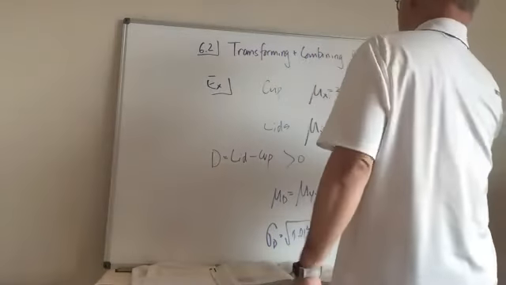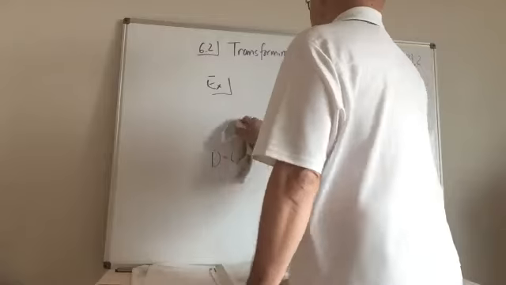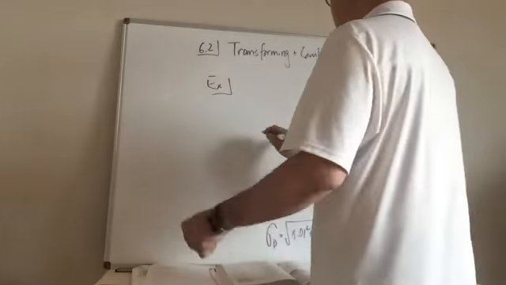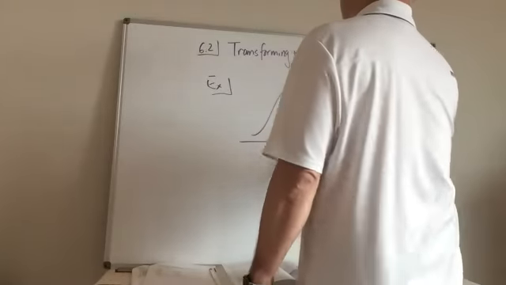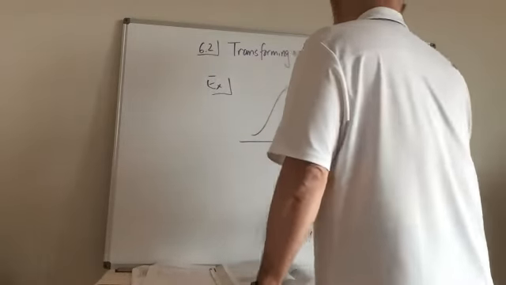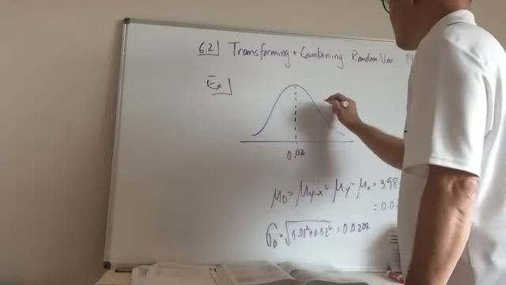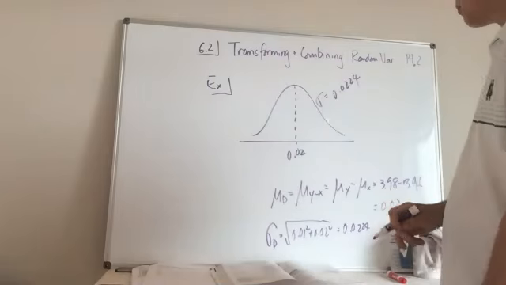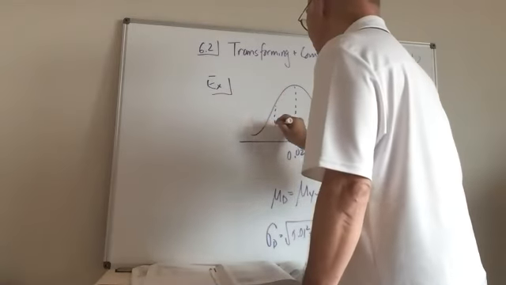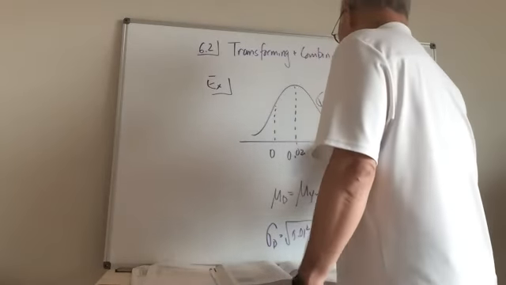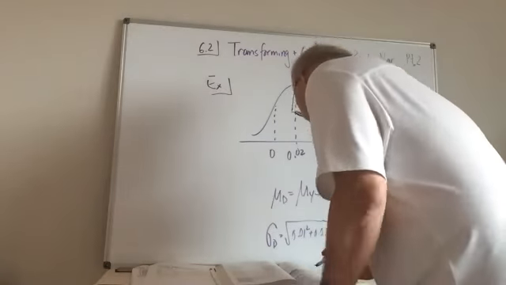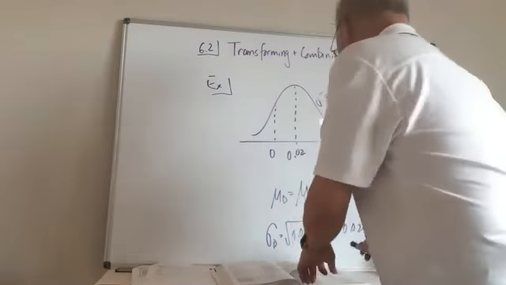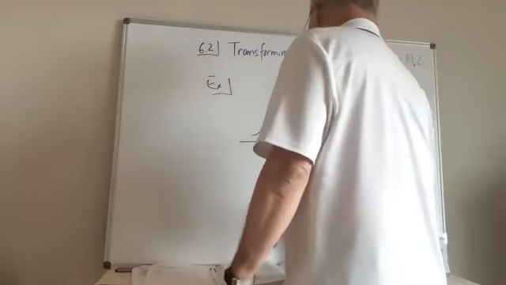So the difference D is a normal distribution with a center of 0.02 and a sigma of 0.0224, and we want this to be between 0 and 0.06 inches.